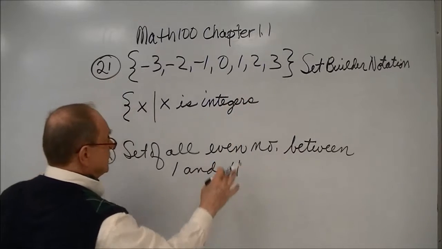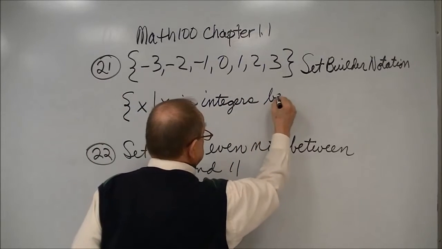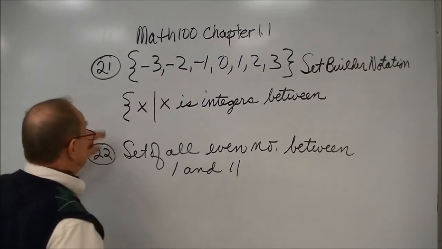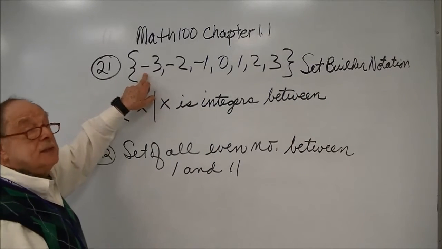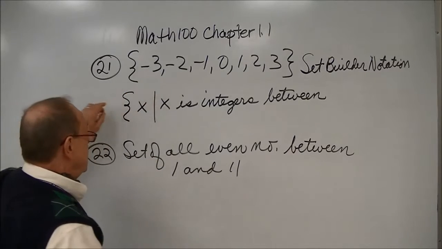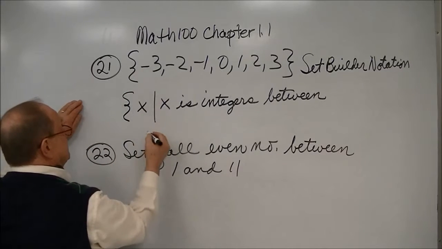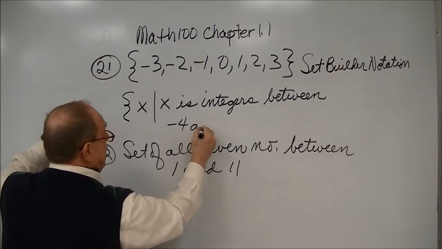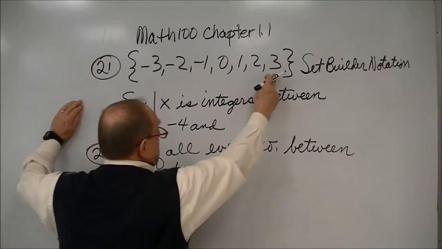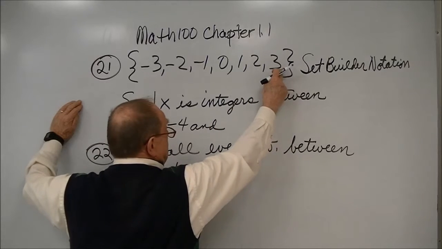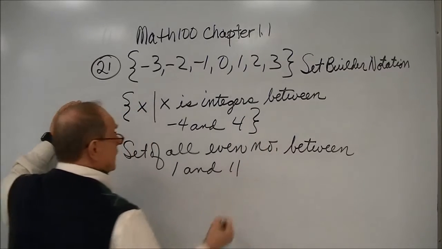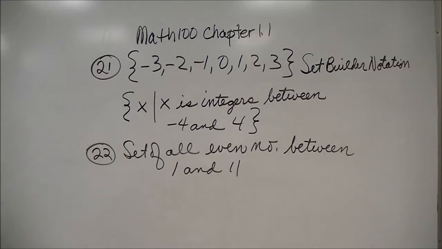And they're between something, aren't they? And what are they between? Well, it's not between -3, because -3 is in the set. So the integer that would come before is -4. And what would be the number after 3? 4. And that would be the set builder notation for this set.